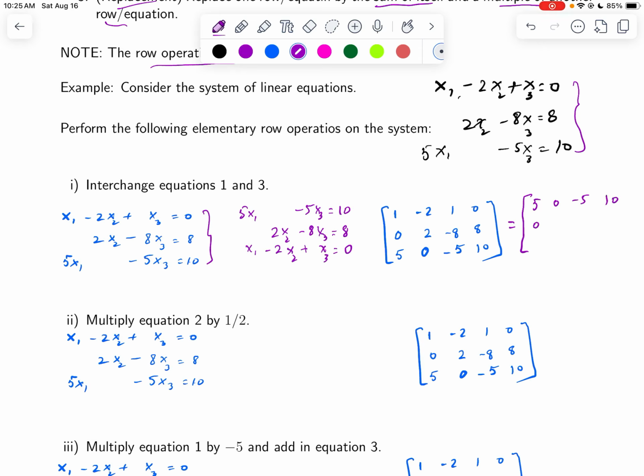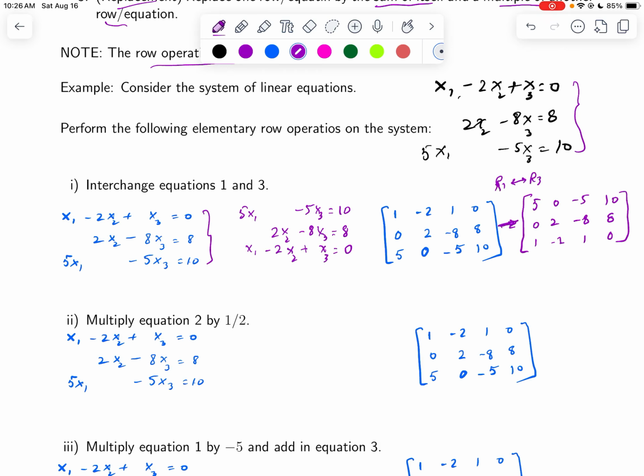The second row will stay as it is. And the first row will go in place of the third row. We write something like this. This swap we denote by R1 double arrow R3.